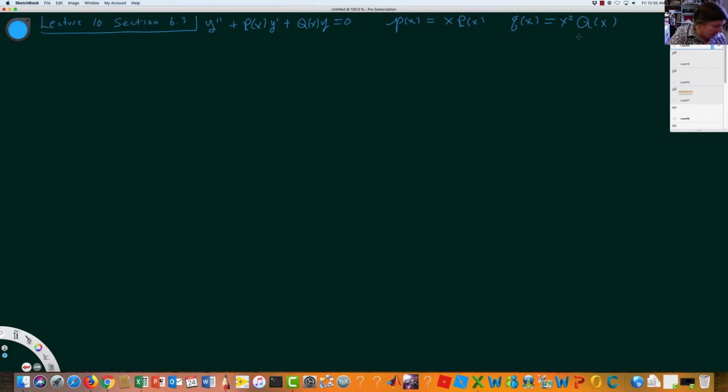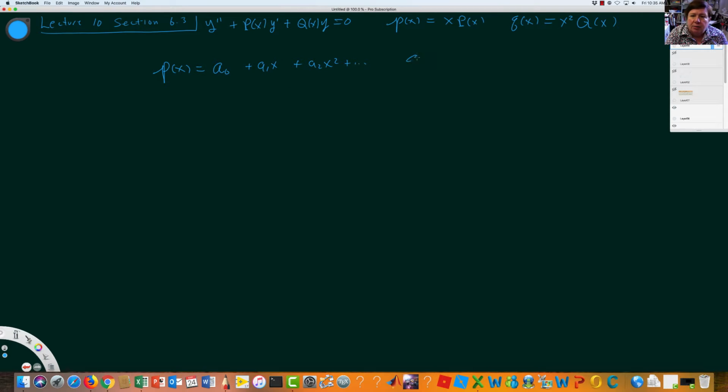Remember those things? If you can write those down, you most likely will get a general form like this. So little p of x is some constant a0 plus a1 times x plus a2 times x squared plus dot dot dot. Now you're not always going to get these coefficients to be non-zero, right? I'm just saying you could write it in this form. Some of these coefficients will be 0 depending on P of x.